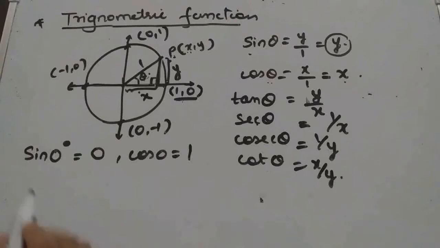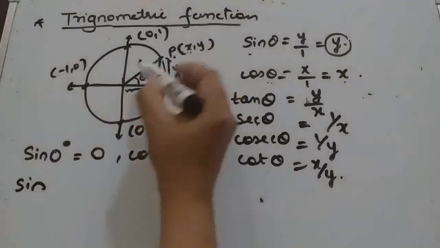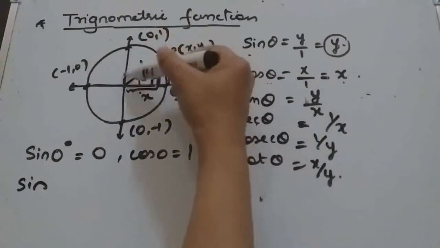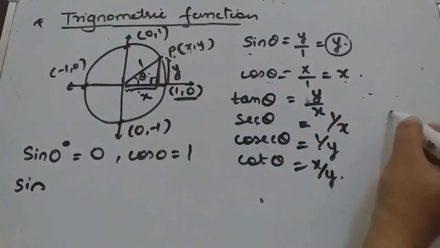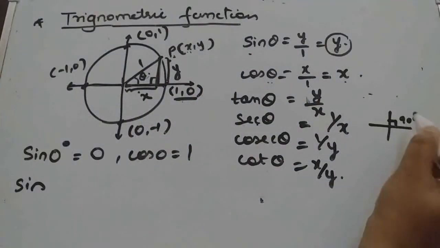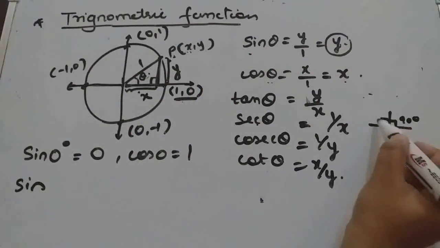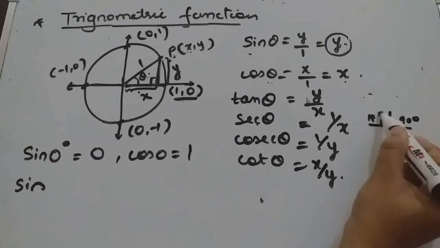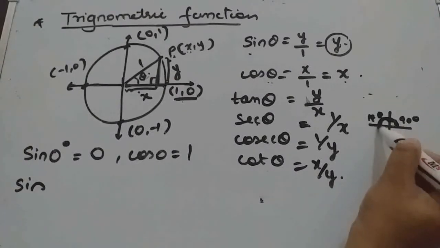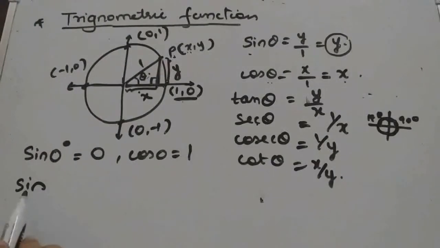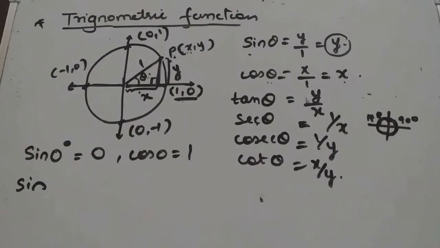Now see, this is 90 degree, isn't it? This first quadrant ends at 90 degree. Then this will be 180 degree complete. Then this will come 270 and then 360. If we want to write in radian, 90 means pi by 2.